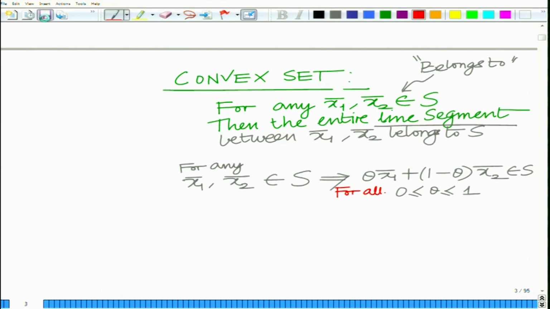So, what this says is, if you pick any 2 points x1 bar x2 bar belonging to the set S, then the entire line segment between x1 bar and x2 bar belongs to S, and this is true for any such pair of points x1 bar x2 bar, such a set is known as a convex set.